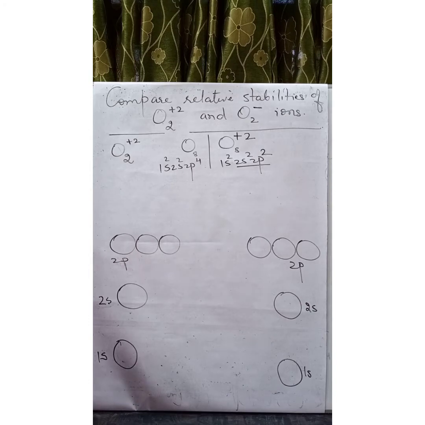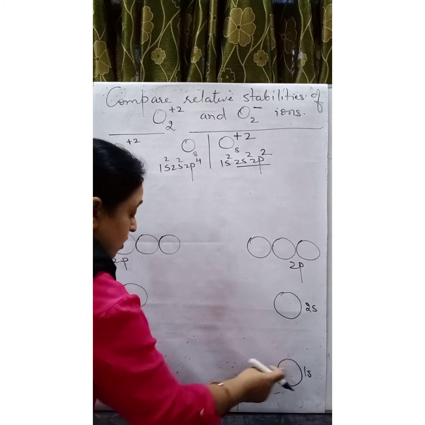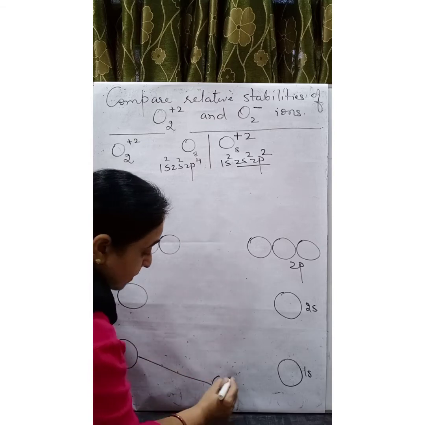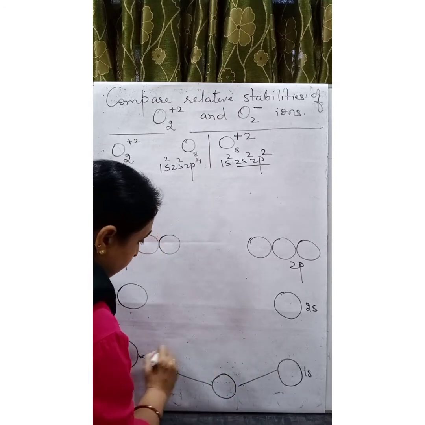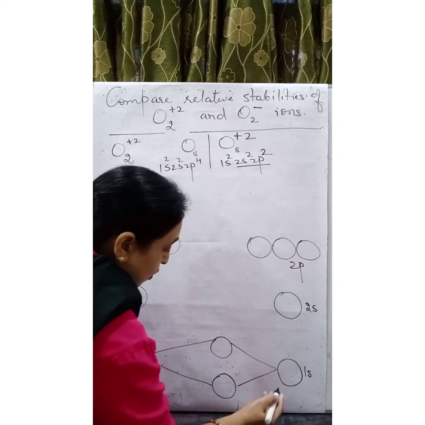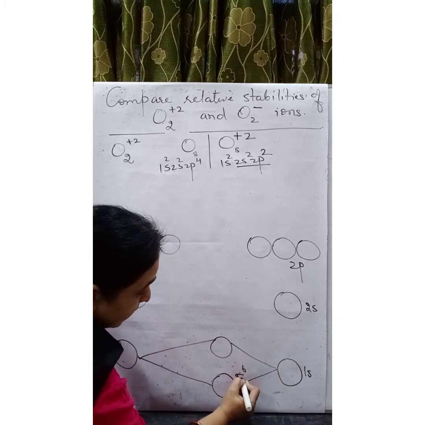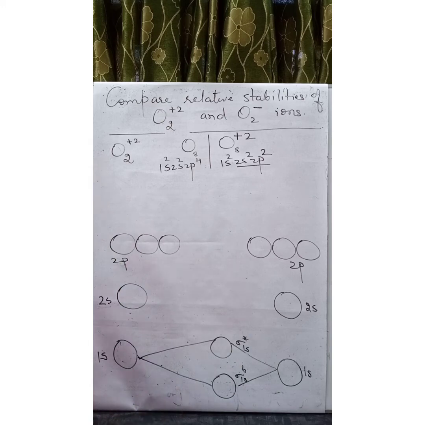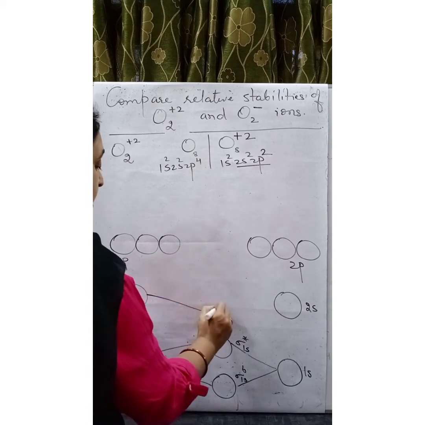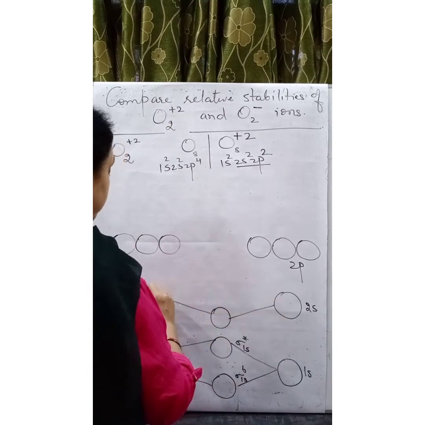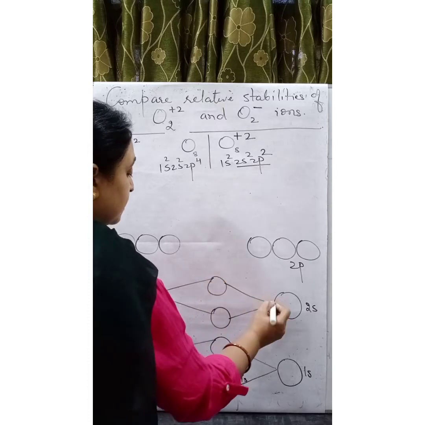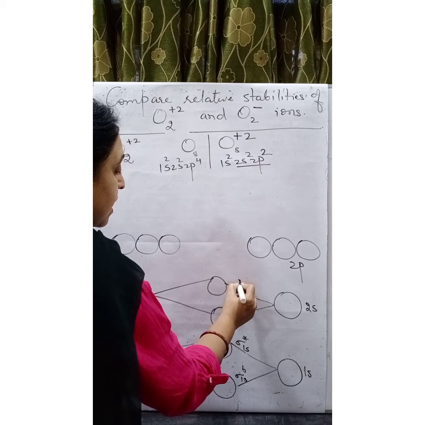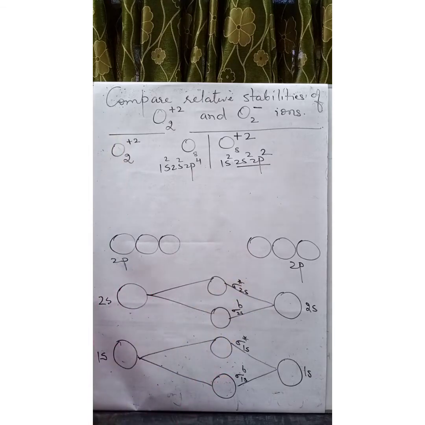Now as you know, 1s and 1s of both the atomic orbitals will combine to form one BMO and one ABMO. This is sigma bonding 1s, sigma star or anti-bonding 1s. Similarly, 2s will form one bonding and one anti-bonding orbital, sigma bonding 2s, sigma anti-bonding 2s.